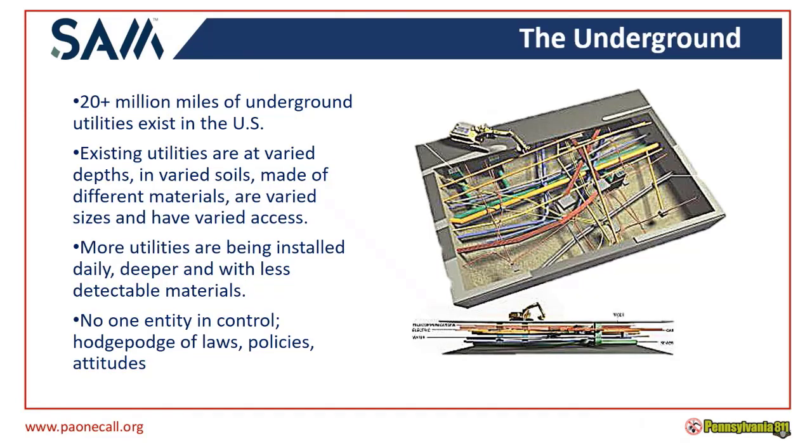These numbers might be a little old already because, as we know, everyone's putting more and more pipe in the ground. But about 20 million miles of underground utilities exist in the US right now, which is a very large number. Pretty much everywhere you dig, you're most likely going to encounter an underground utility. More utilities, like I said, are being installed every day. So as we keep growing, there's going to be more utilities that are installed.